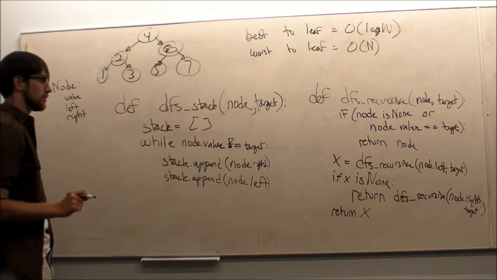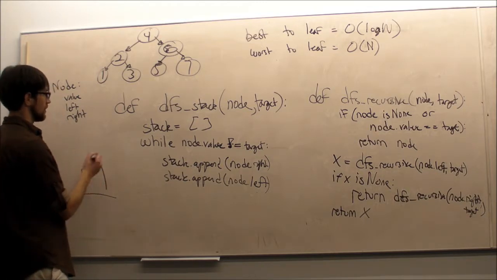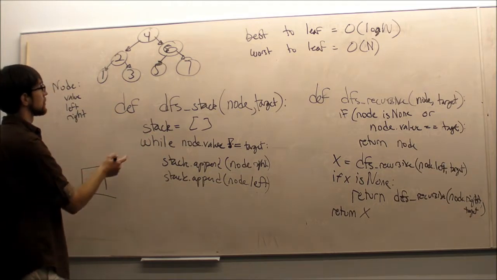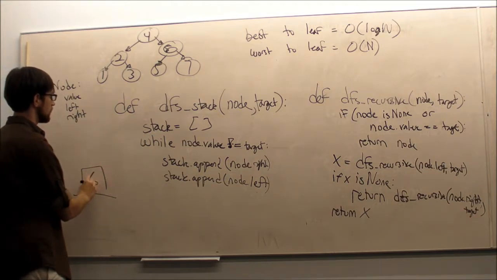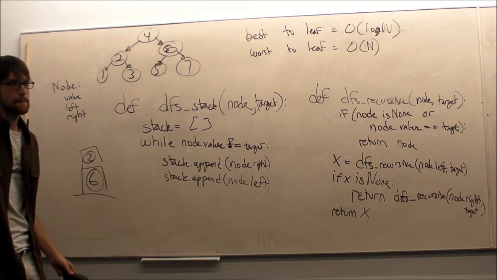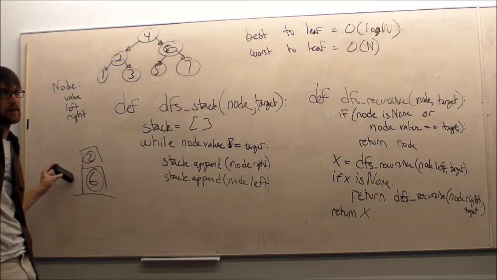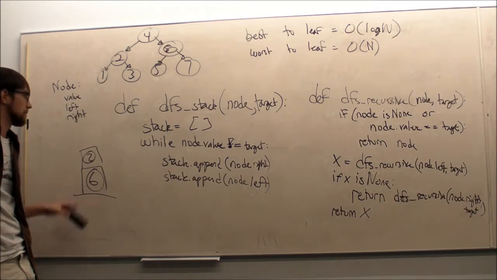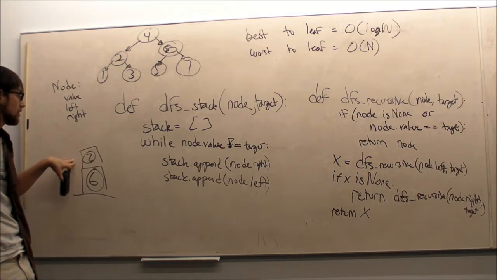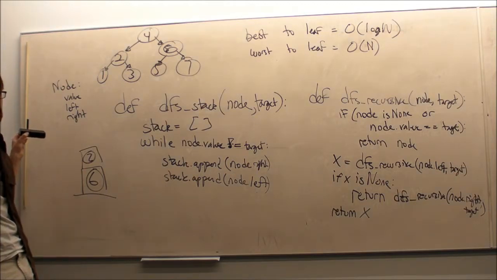So we've just created a stack, let's say we started with 4. We've checked 4 is not what we're looking for. So we've added 6 to the stack. We've added 2 to the stack. And so how might this be useful? If we remember that the stack is a last in, first out data structure, whatever we put on last will be the first thing we would get off of the stack.